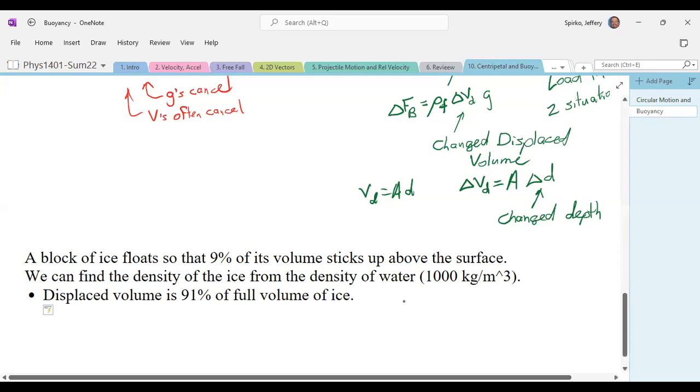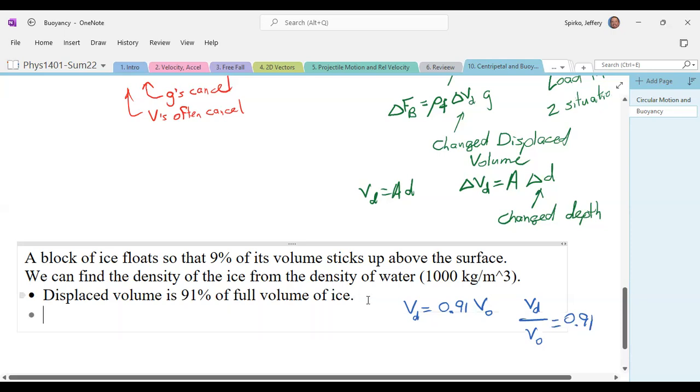I could say that V displaced is equal to 0.91 of V object. Our object is the ice. Or I could say that V displaced over V object is equal to 0.91.